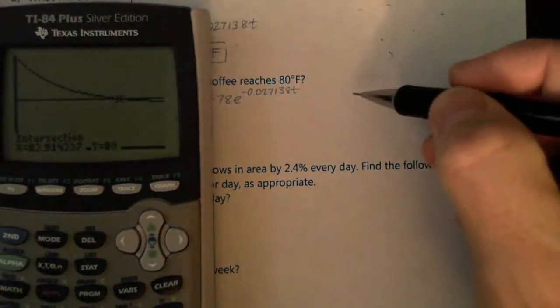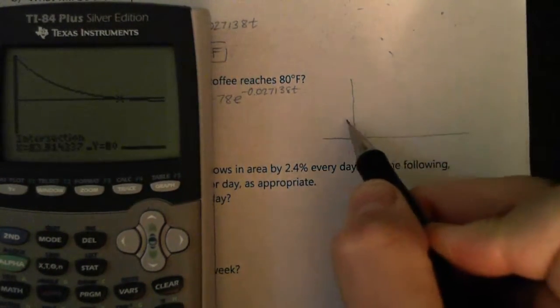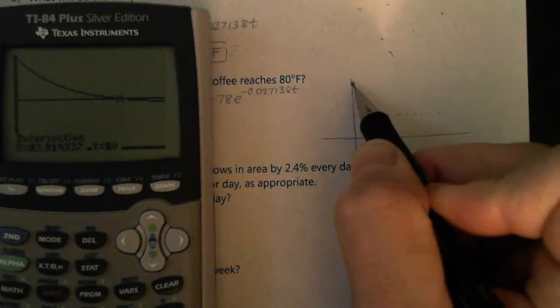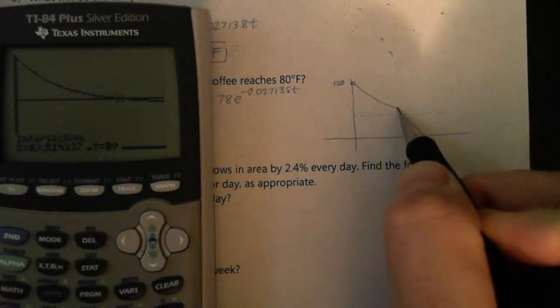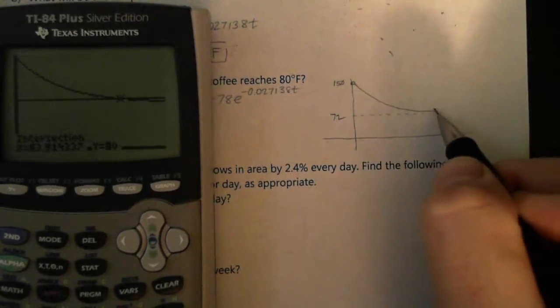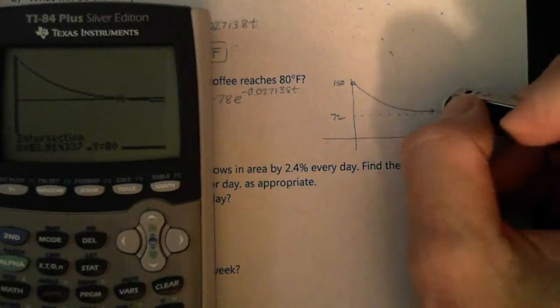So on our calculator, we have our graph. It started off at 150 and it's cooling off to a room temperature of 72. There's my big T of t, not A of t.